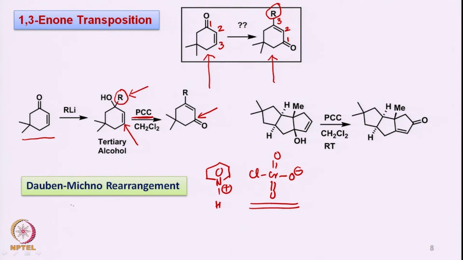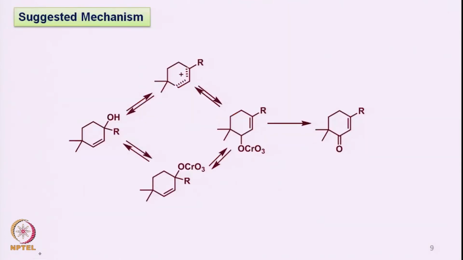Now, this is what is called the Dauben-Michno rearrangement. How does it happen? These are the kinds of intermediates that are formed. If you have an allyl alcohol of this type, then a chlorochromate or any chromium-based reagent reacts with this hydroxy group.